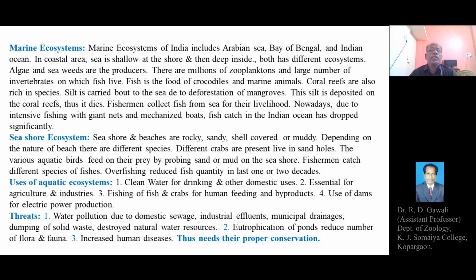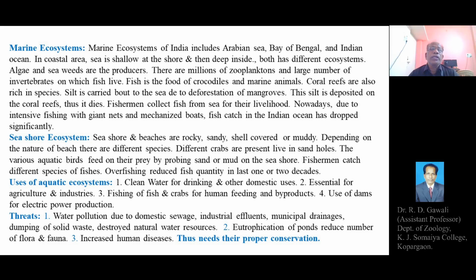In coastal areas, the sea is shallow at the shore region and then deep inside. So we can explain it as the sea coast and the deep seas.